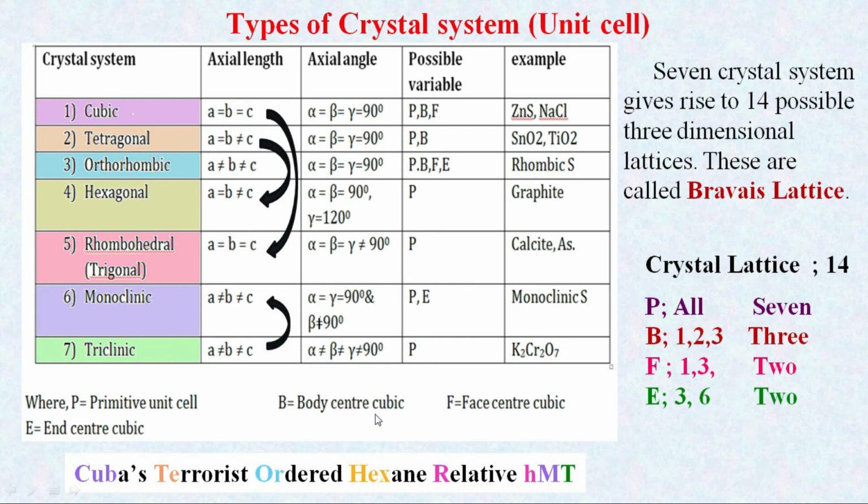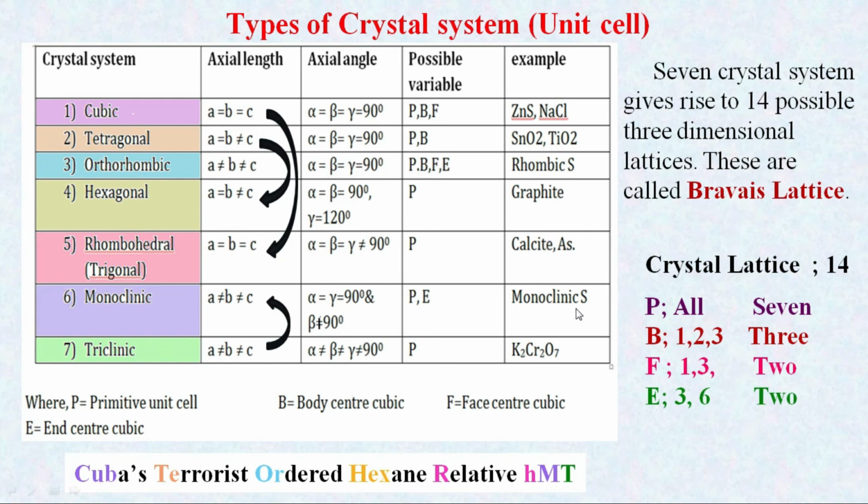Second one is body centered unit cells. So out of 14, 7 are primitive. Now remaining are 7. Out of 7, 3 are body centered, which occupy positions 1, 2, 3. So B, B, B, you can observe in the first 3 systems which show body centered unit cell.